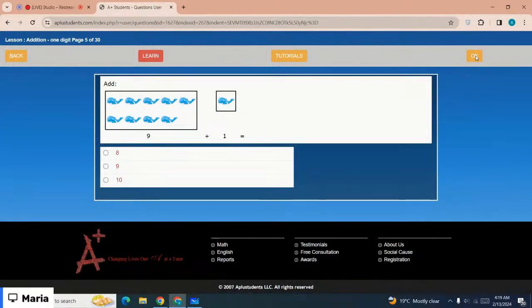Add 9 plus 1, which is the correct option. Yes, that is 10. The correct option is 10.